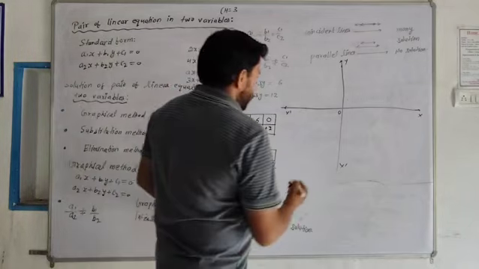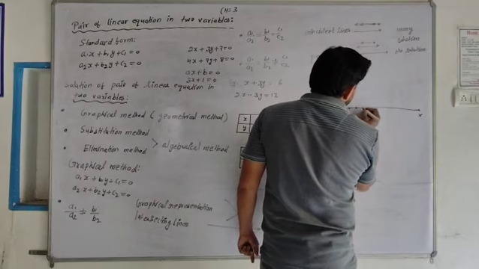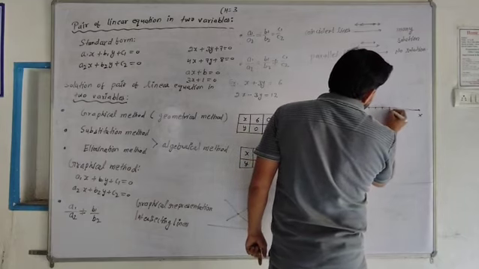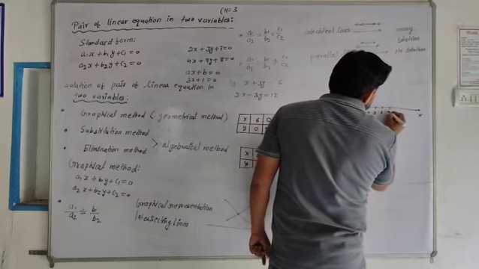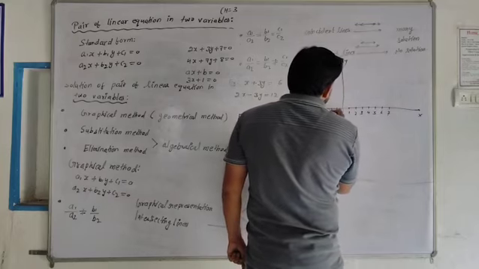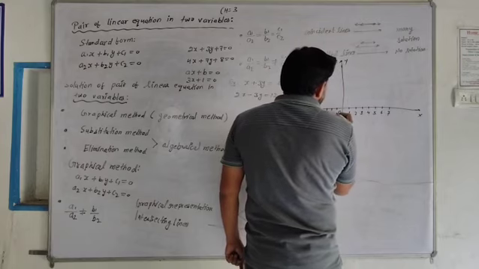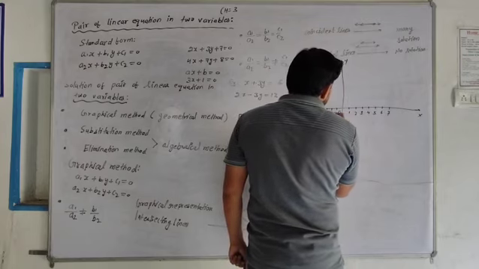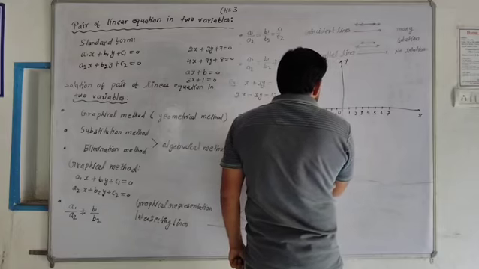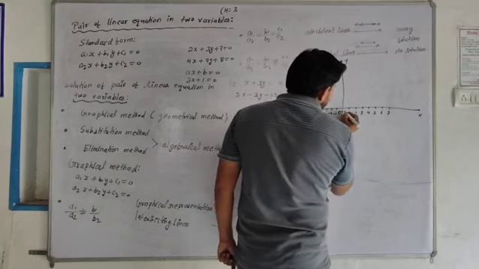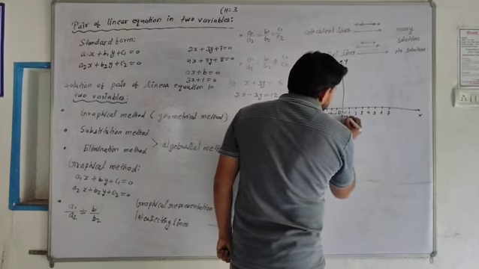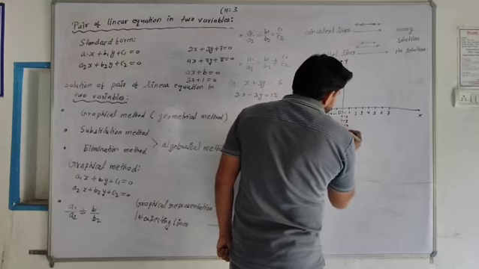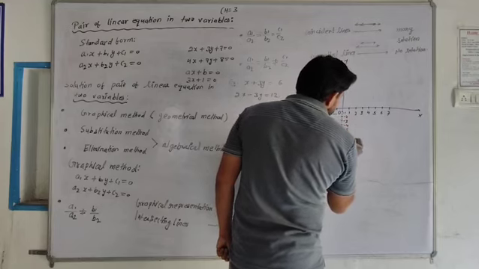Now marking the whole values on the axes: 1 2 3 4 5 6 7, and minus 1 minus 2 minus 3 minus 4 minus 5 minus 6 minus 7.